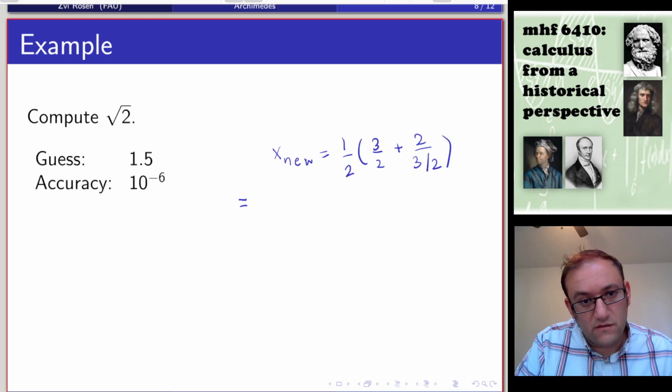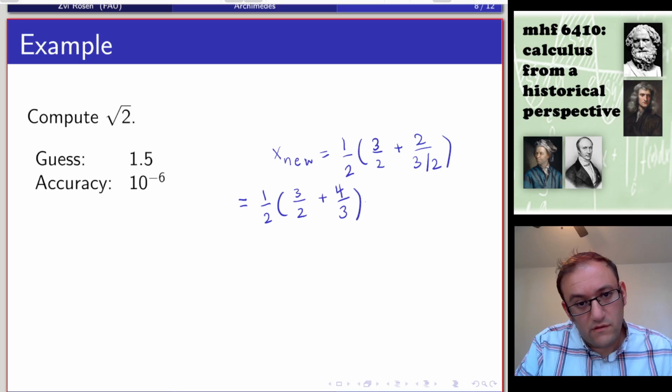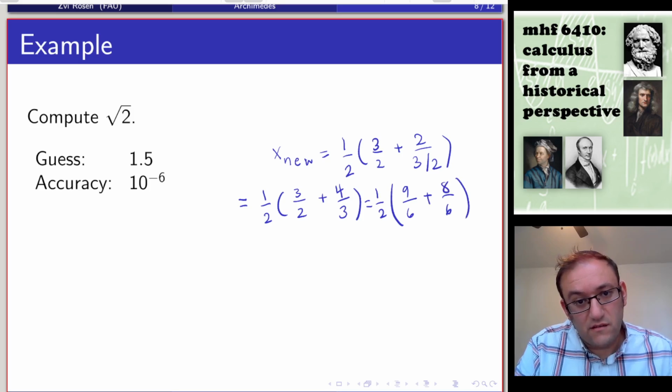This is 1/2 times 3/2 plus 4/3. That's the same as 1/2 times 9/6 plus 8/6. And that is equal to 17 over 6 times 1/2, so that's 17 over 12.